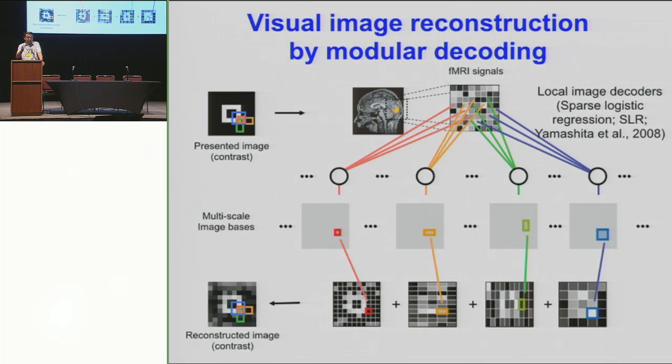You could use retinotopy information, but we didn't use that, and it turned out that one-to-one mapping from retinotopy is not so useful to make this level of reconstruction. So we really needed machine learning derived, very subtle, complicated weighted patterns.